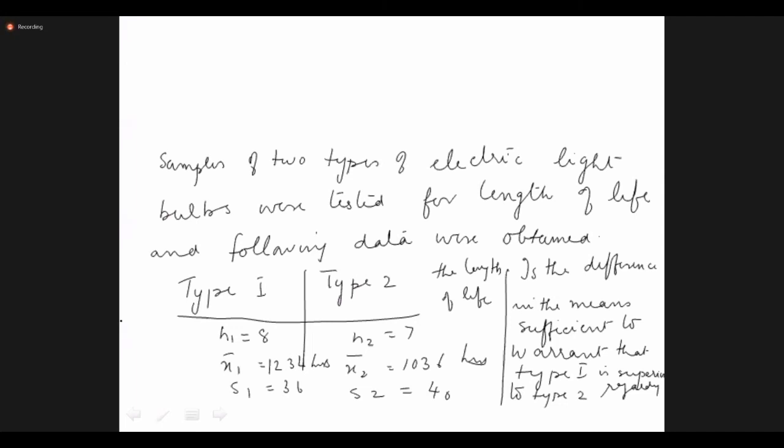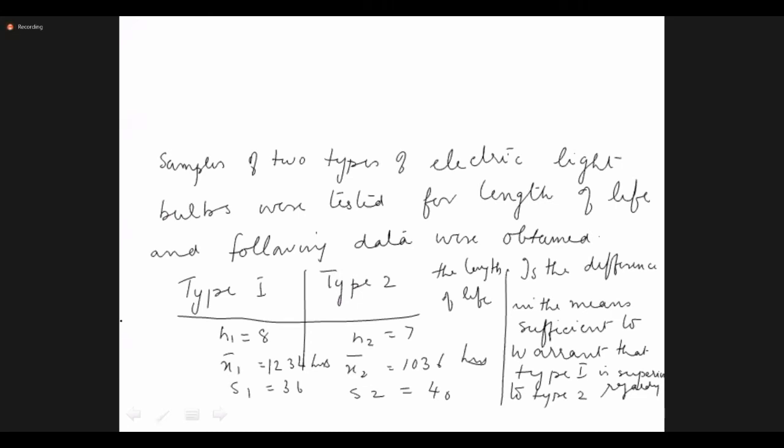What is the alternate hypothesis? Right tail test or left tail test?